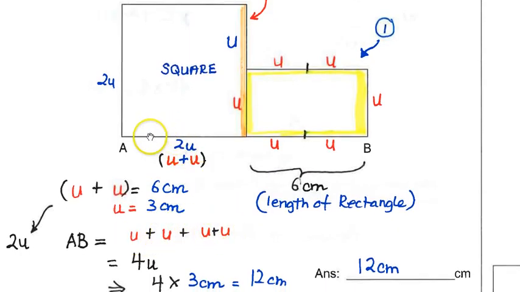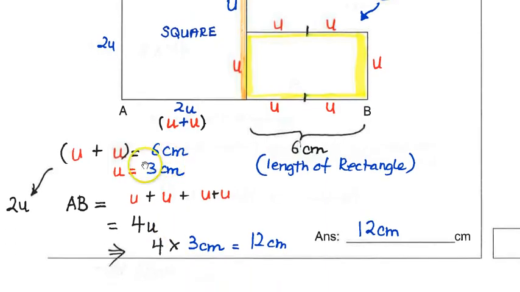Can you see? 2U plus 2U, so total is 4U. If 1U, which I've calculated over here, is 3 cm, 4U is 12 cm. So therefore the length of A all the way to B is 12 cm.